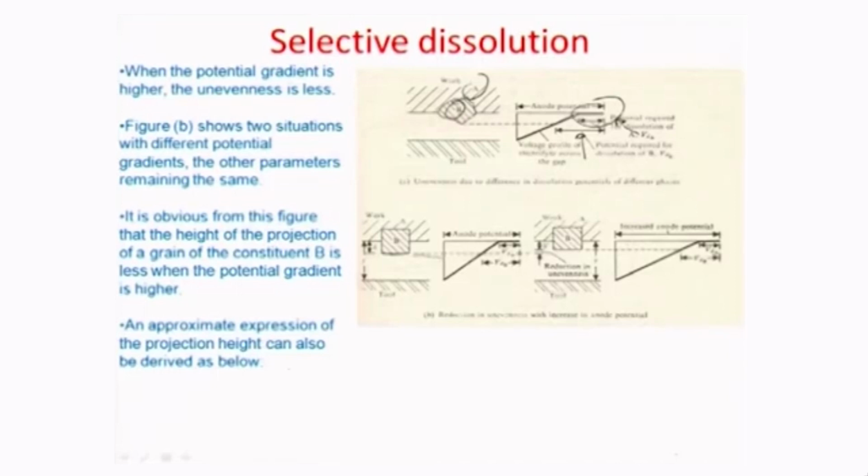If we compare both cases, the electric field is proportional to the current density, because electric field times the conductivity becomes the current density.